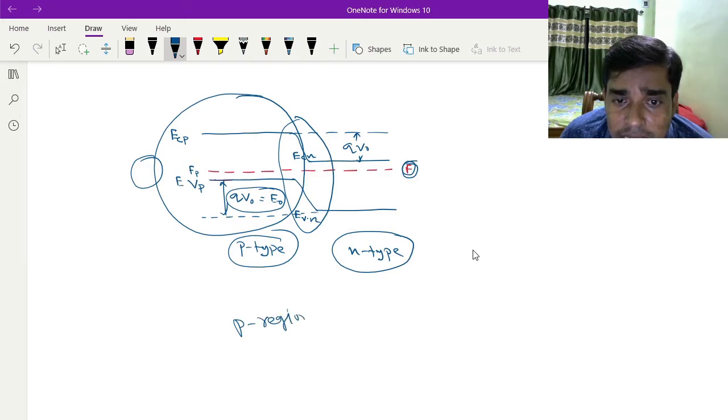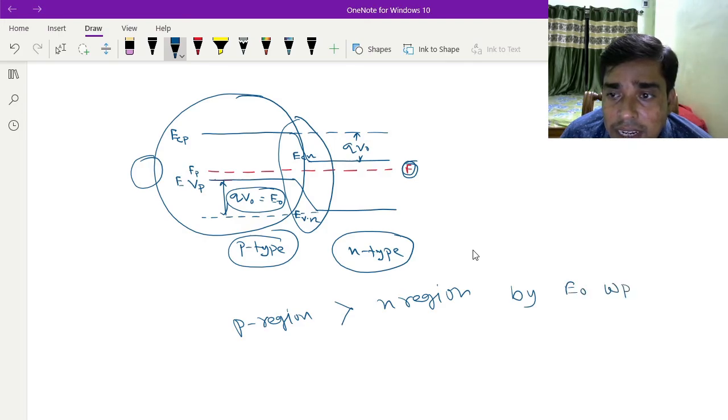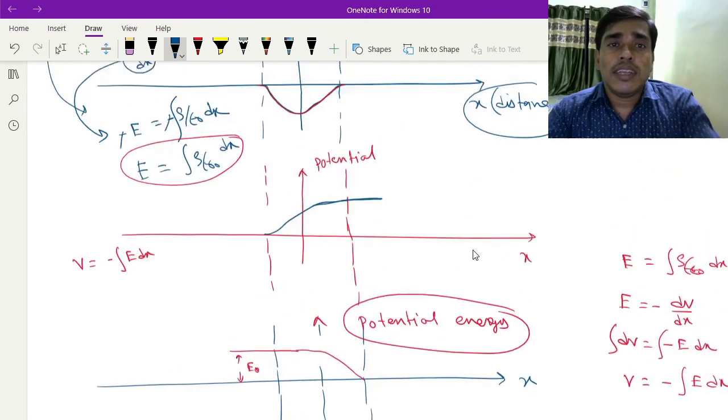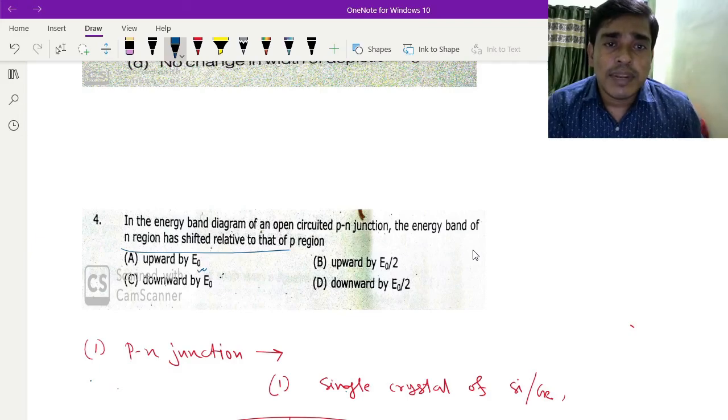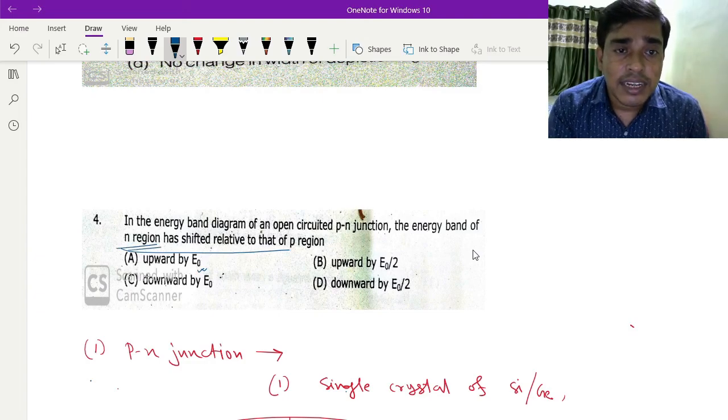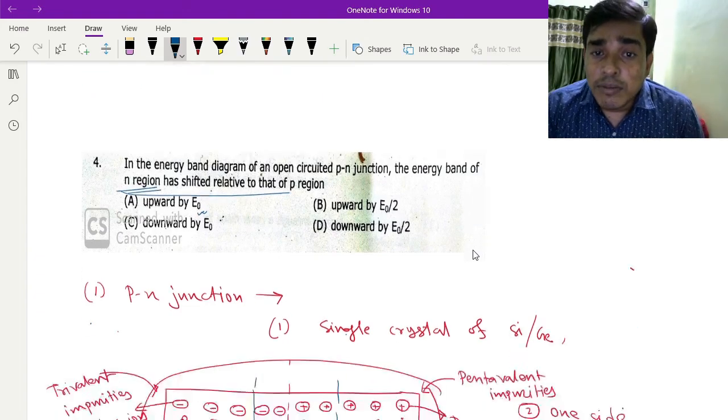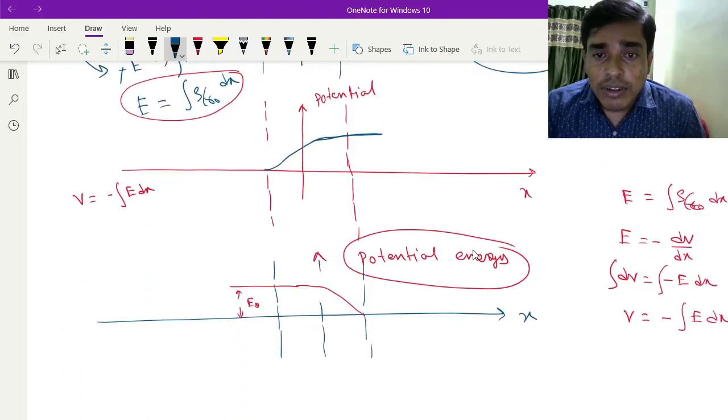The P region energy is greater than the N region by E0 upward. Okay, upward. Here you see it. This question is about the energy band diagram of an open circuit PN junction. The energy band of the N region has shifted relative to the P region.